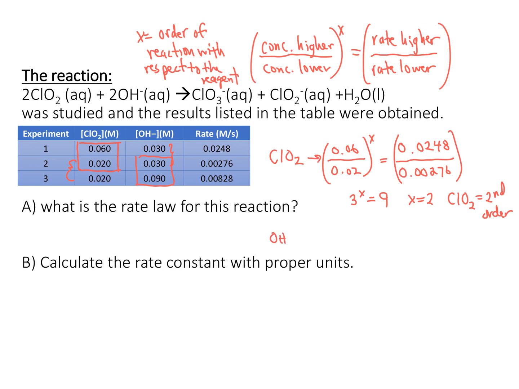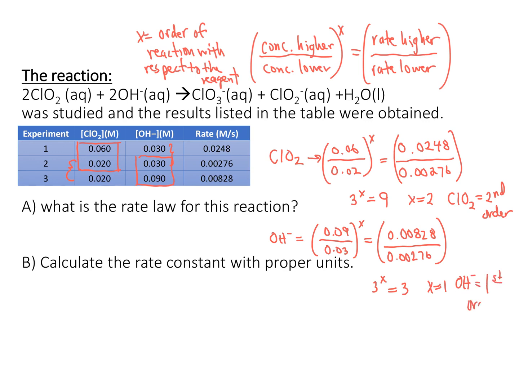So for hydroxide, I'll do the same calculation where I'm going to take the larger concentration, 0.09, divided by 0.03, raised to the value of x equals my larger rate, 0.00828, divided by 0.00276. So for that calculation, I get 3 to the x equals 3. So in this case, what must x be? X must equal 1.